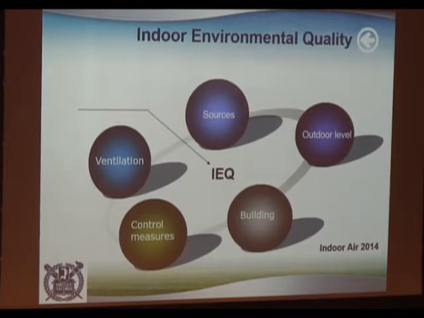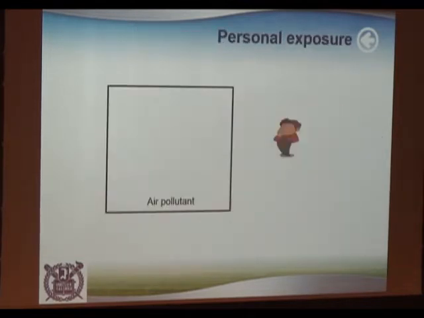My talk is going to expand this aspect a little bit. So in this box, we assume this is an indoor environment. And we try to minimize this air pollutant inside this box through various factors. But as Professor Young was talking about, one of the components is people.